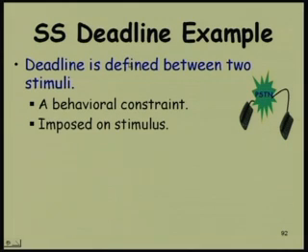Will it be a behavioral or a performance constraint? It will be a behavioral constraint. Why is that? Because it applies on a stimulus. Whenever the constraint applies on a stimulus, it will be a behavioral constraint. It is with respect to two stimulus events, but finally, it is applying onto the stimulus event. That is the reason we call it a behavioral constraint.